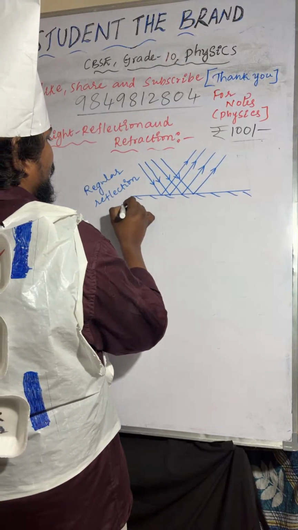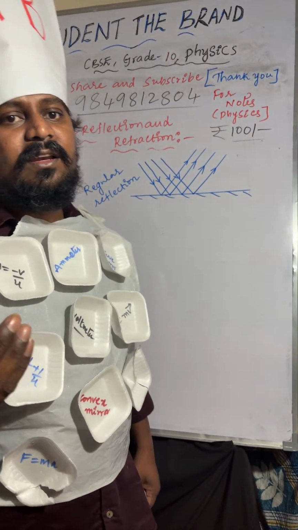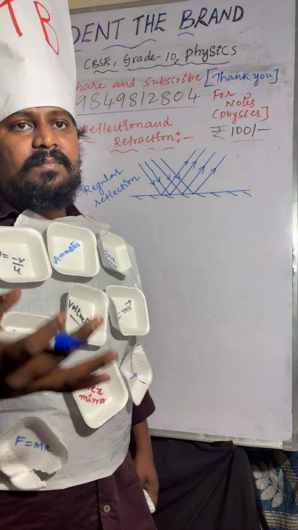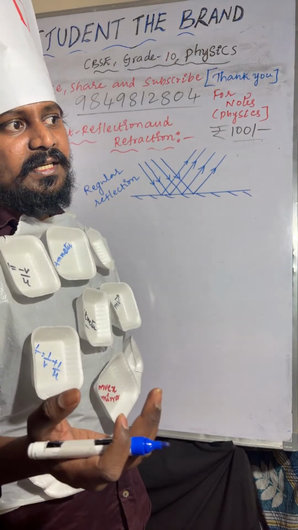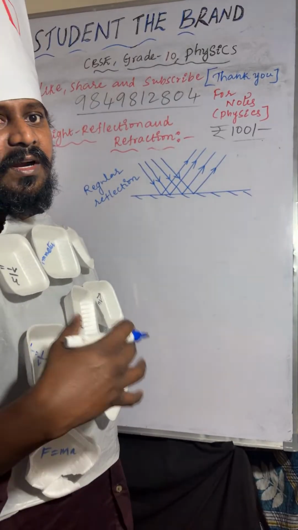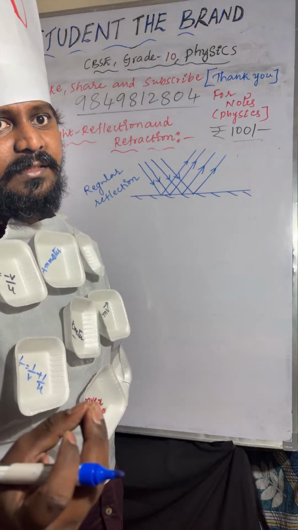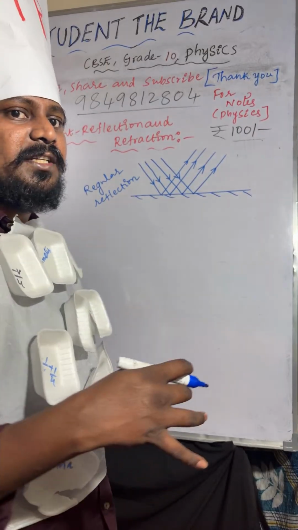You can take examples for regular reflection: on a plane surface regular reflection takes place, and on still water also regular reflection takes place.